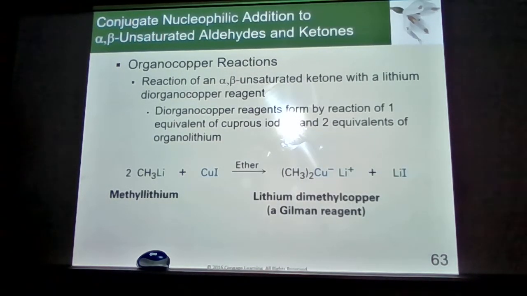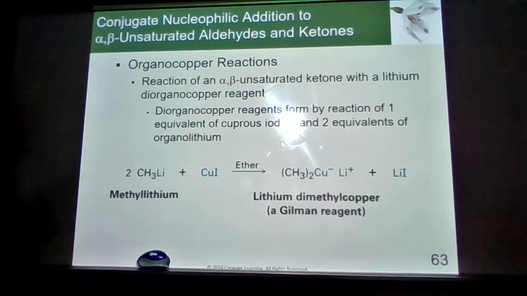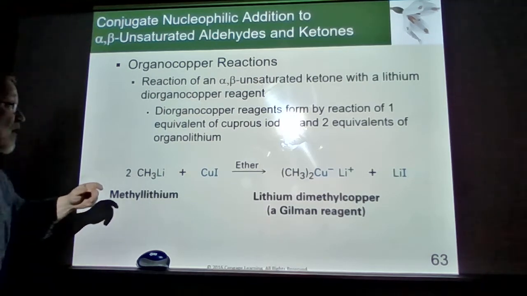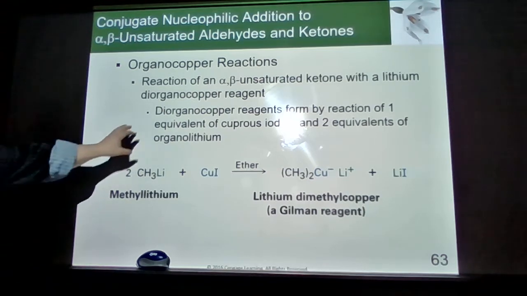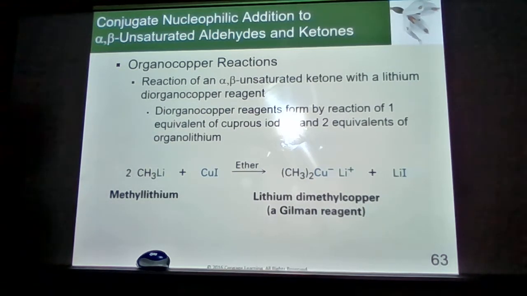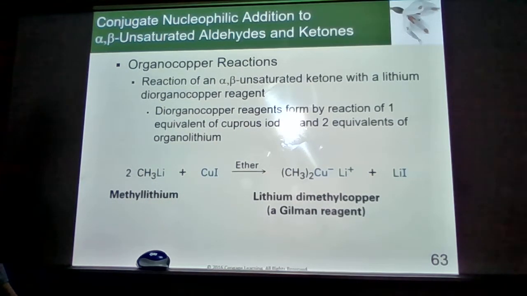Other reagents that add exclusively 1,4 are organocopper reagents or Gilman reagents. So we can have an alpha beta unsaturated ketone and react it with a lithium diorganocopper reagent. The diorganocopper reagent is formed by the reaction of copper iodide with an organolithium derivative.